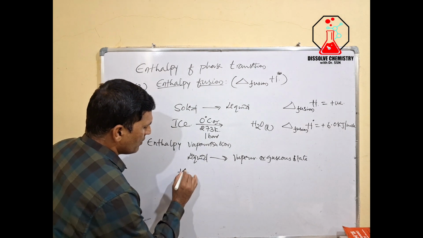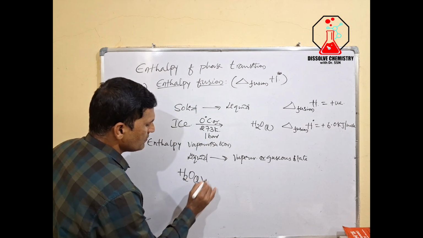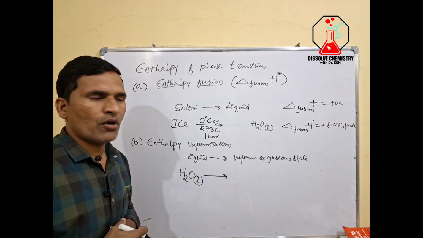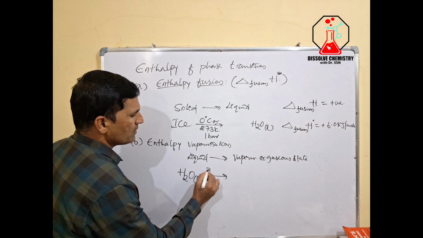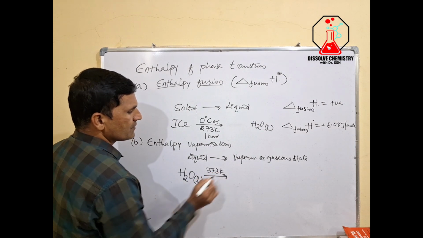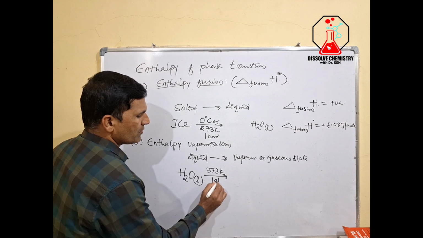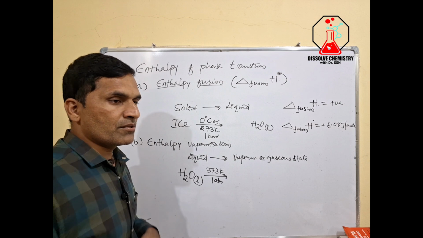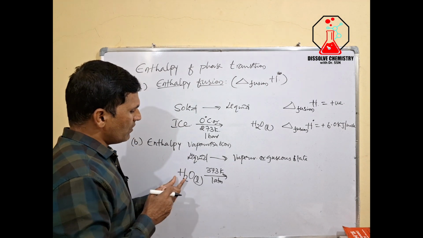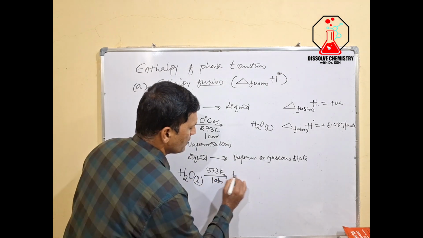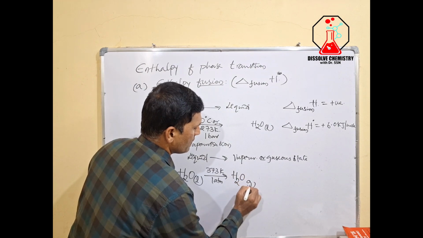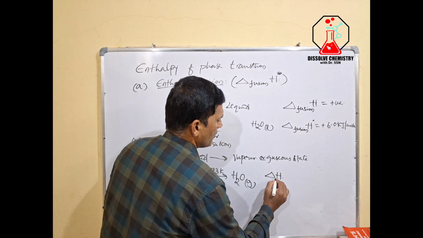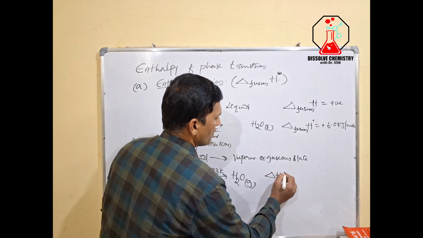Take liquid water at a constant temperature, that is its boiling temperature, 373 Kelvin, and 1 atmosphere or 1 bar pressure. Whatever amount of heat is absorbed to convert this liquid into vapor form, the gaseous state, that enthalpy we call the enthalpy of vaporization.